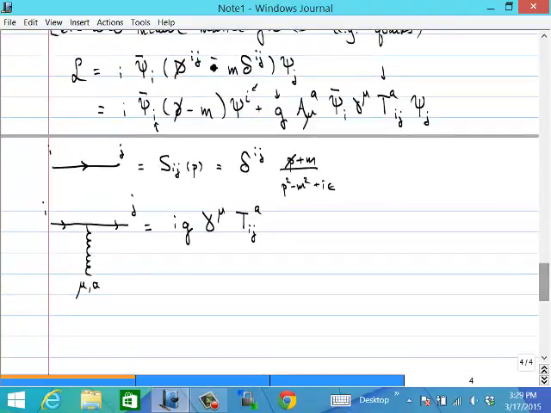So here I've written down the interaction vertices and the Feynman rules for fermions. It's a reasonably straightforward exercise, and one that you'll do for next week, to write down the Feynman rules for scalars transforming in an arbitrary representation of the gauge group. It's very, very similar to what you do when you study scalar quantum electrodynamics.